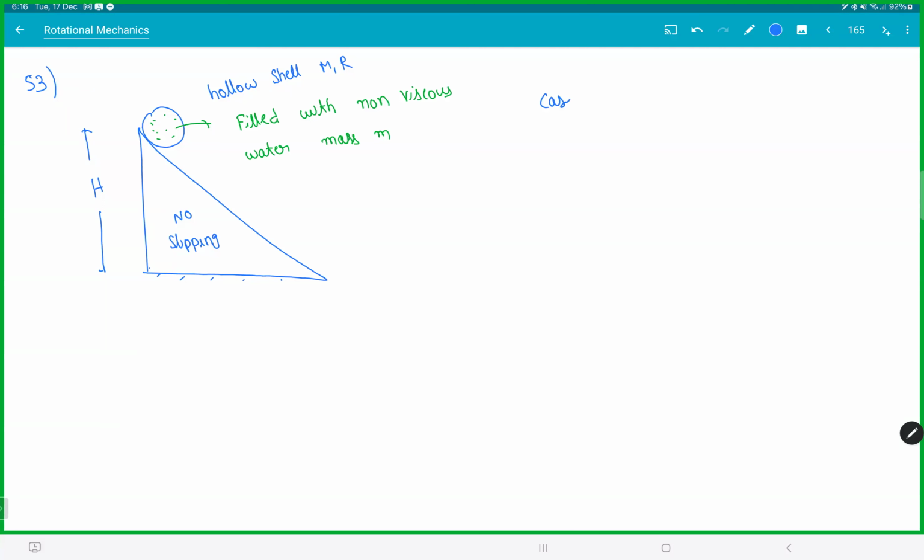So case 1, we have water inside. Case 2, the water is frozen to ice. So you made that into an ice ball. Water is frozen to ice, which gets stuck to the shell.